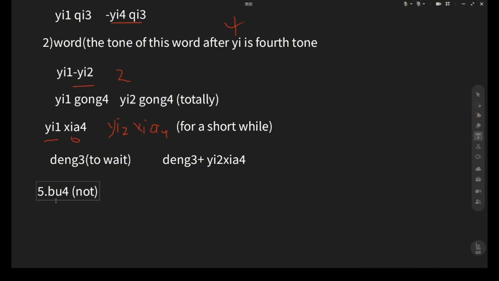But this word can also form a new word with other words, okay? So if the word after 不 is the fourth tone, then this 不 changes to the second tone.